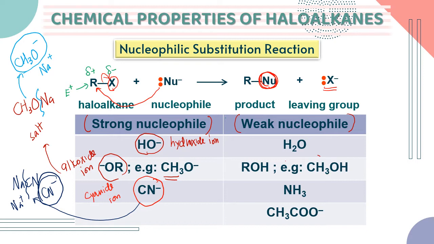For the weak nucleophile, any nucleophile that doesn't have a negative charge, we call it a weak nucleophile. For example, water. Where is the nucleophilic site? At the oxygen over here, it has lone pairs. So water is a weak nucleophile, and then here is our alcohol with the hydroxyl group.